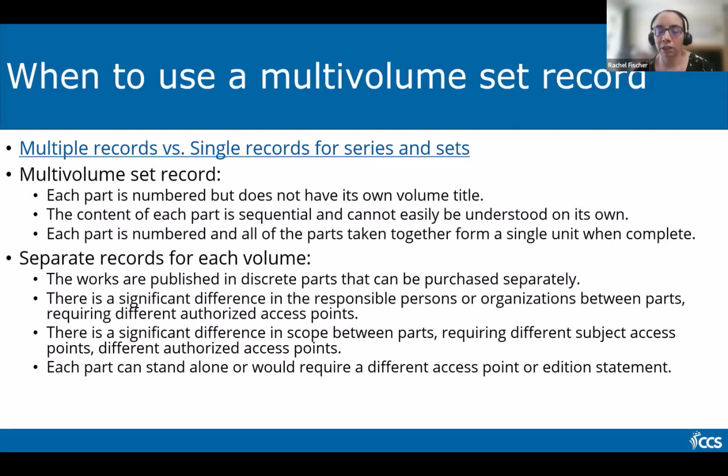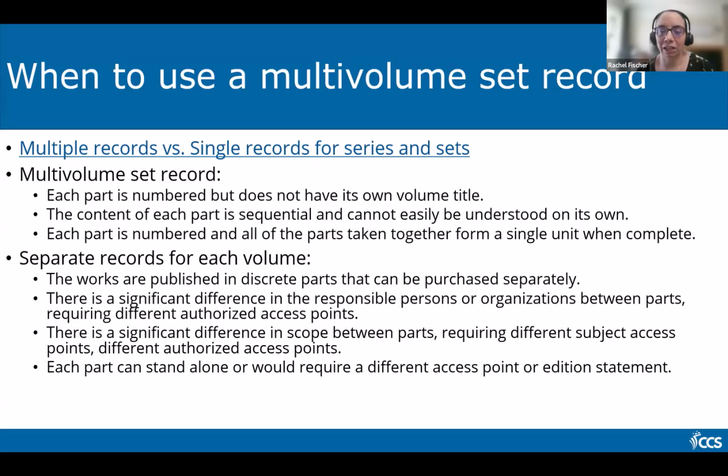The content of each part is sequential and cannot easily be understood on its own. Or each part is numbered and all of the parts taken together form a single unit when complete. It's kind of a mouthful. So you would use multiple records for the series, like one for each volume, if the works are published in discrete parts that can be purchased separately.